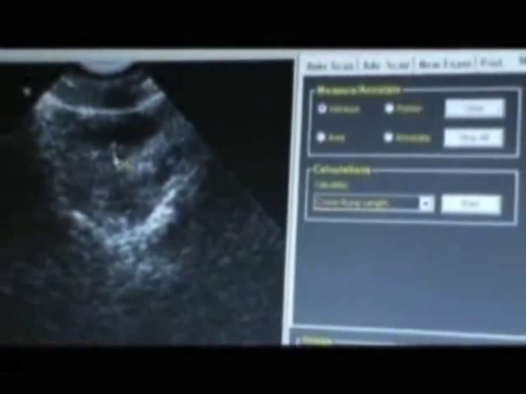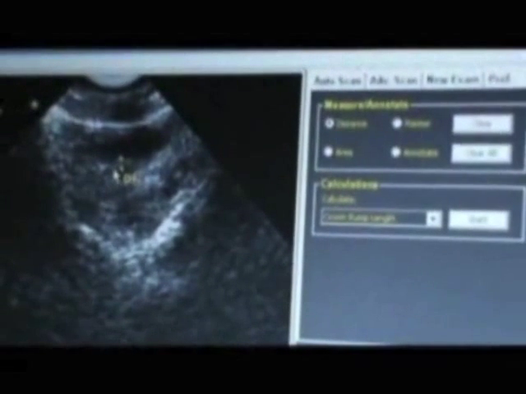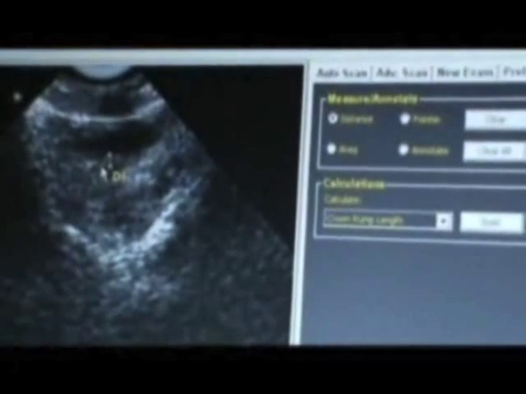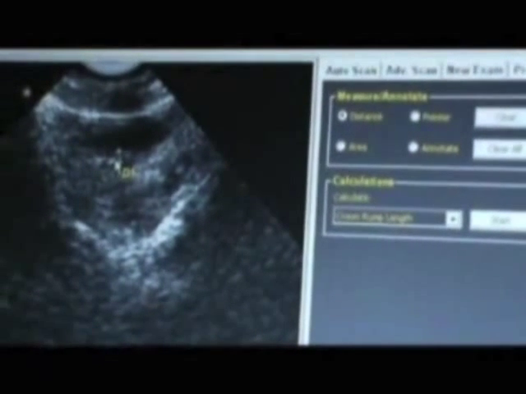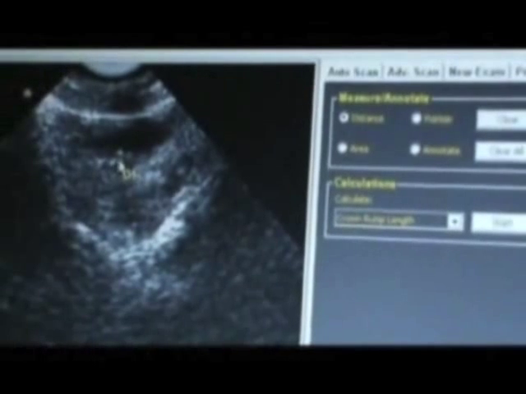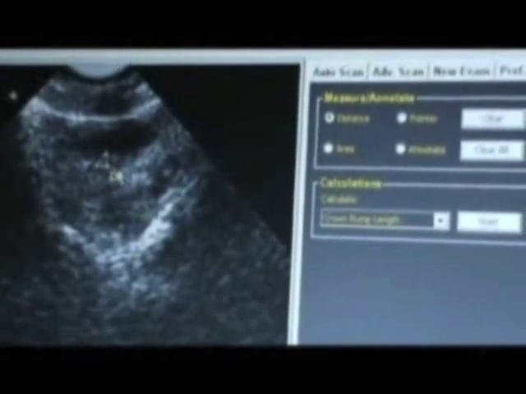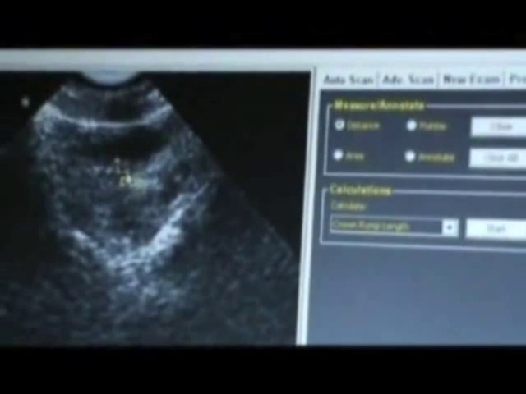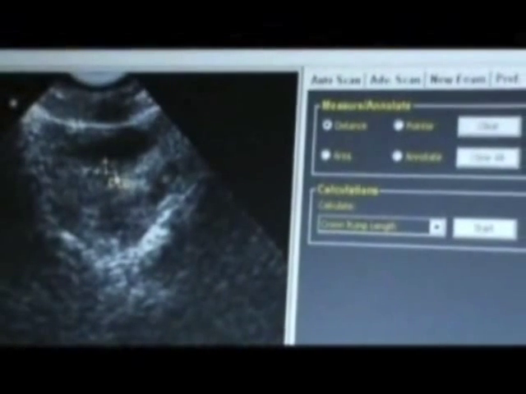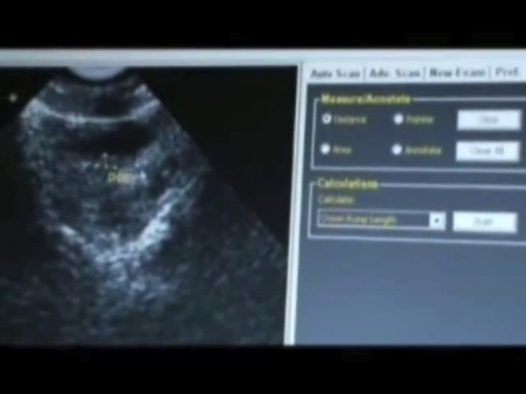Now we measure across it. So from this point here, side of the black line. So it's 5.6 millimeters, you got that? So I'm going to actually save that one.